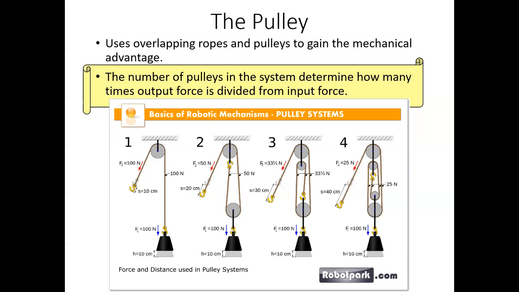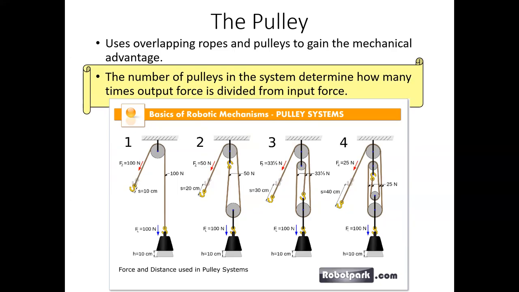force to do that. Now let's go ahead and make a two pulley system where I have one pulley hooked up to the ceiling. I have a hook that's hooking onto the ceiling as well. And I have another pulley that's being wrapped by the rope connected to the hook and wrapping around the first pulley.